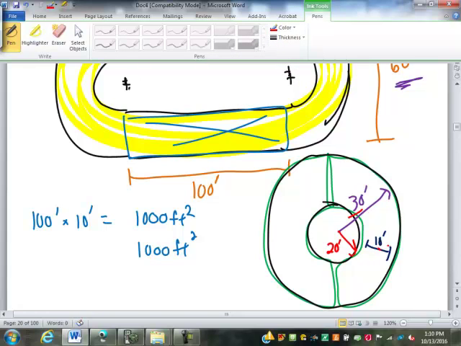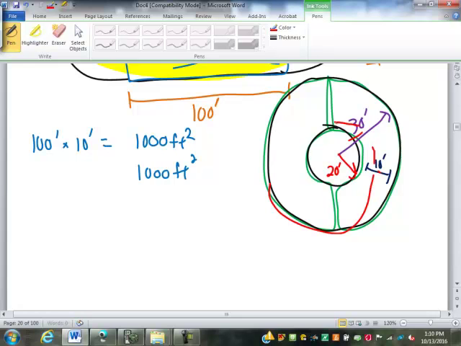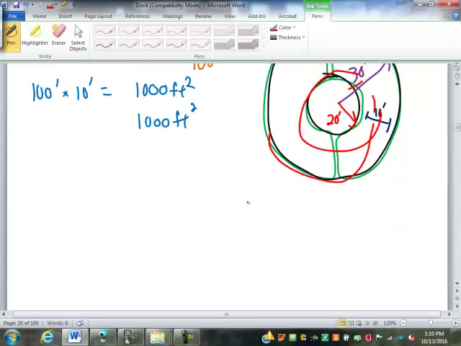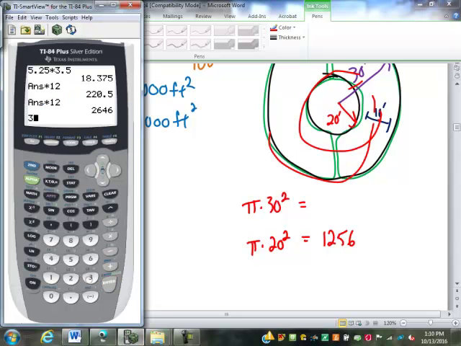So for the area of this ring, we've got pi times 30 squared minus pi times 20 squared. Pi times 30 squared is 2826.